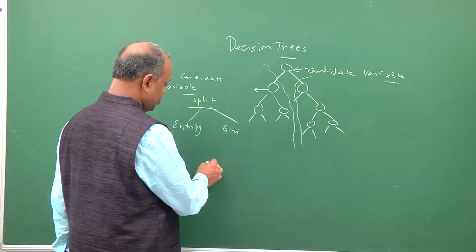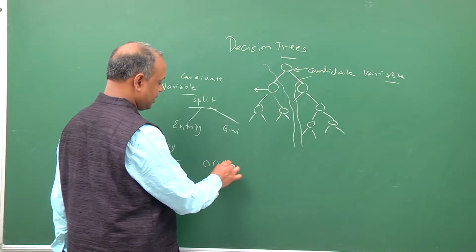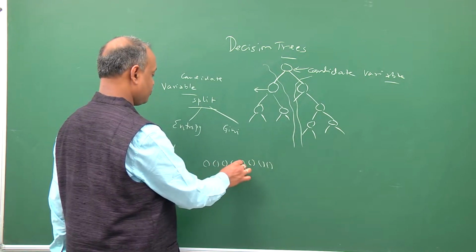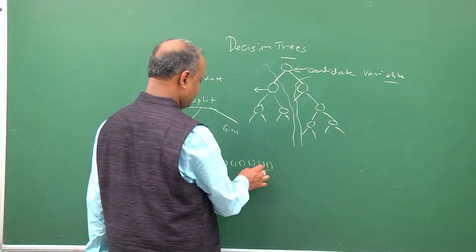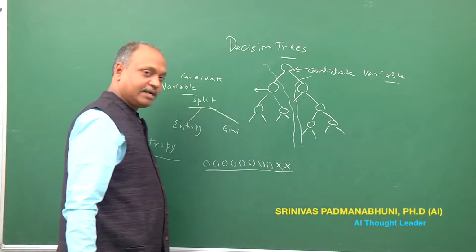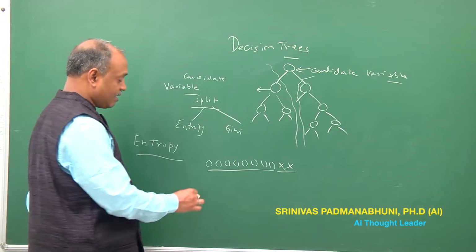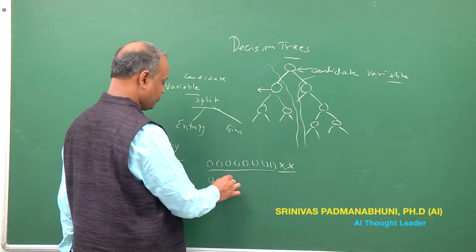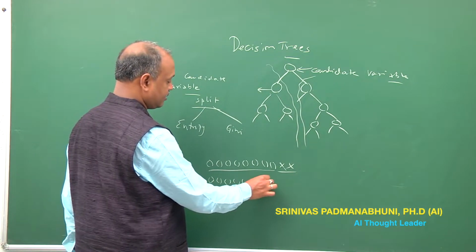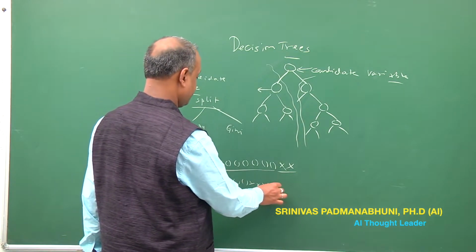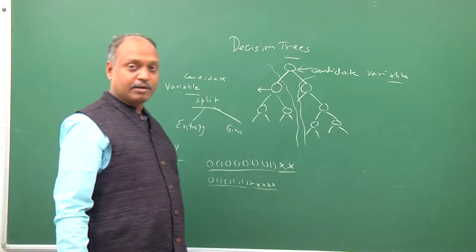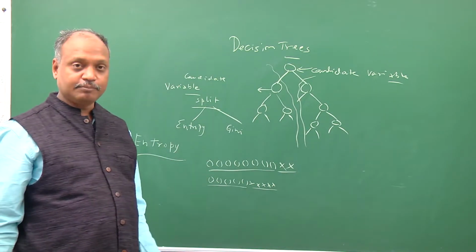Let us assume that we have a sample of 10 items where 8 of them are of one type and 2 of them are of another type. And suppose we have another sample in which 5 of them are of one type and 5 of them are of the other type. Both of them total 10. But what is the difference between both of them?